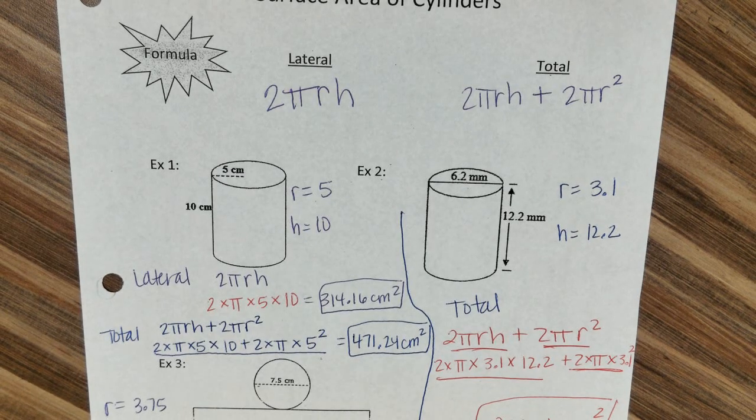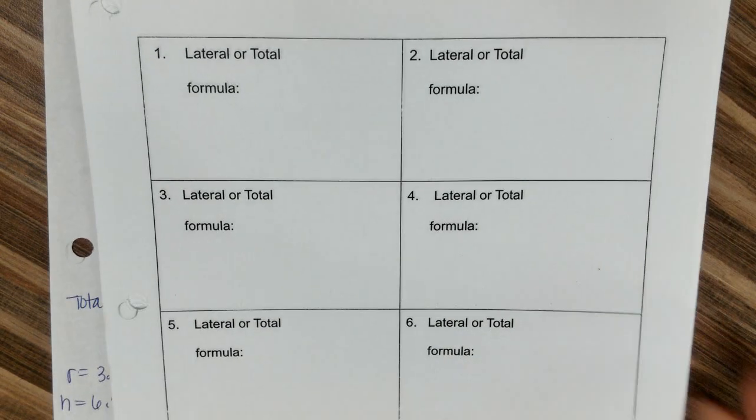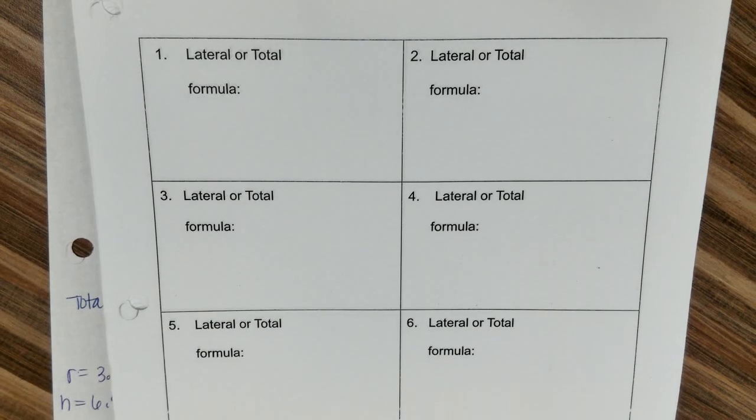Now let me show you what the answer document looks like. Let me show you what I expect. Do you see your answer document? So for number 1, I wrote lateral or total. You're going to read the question, and if it says lateral, I want you to circle lateral. Yes? Then I want you to write the formula. There's only like 6 questions.